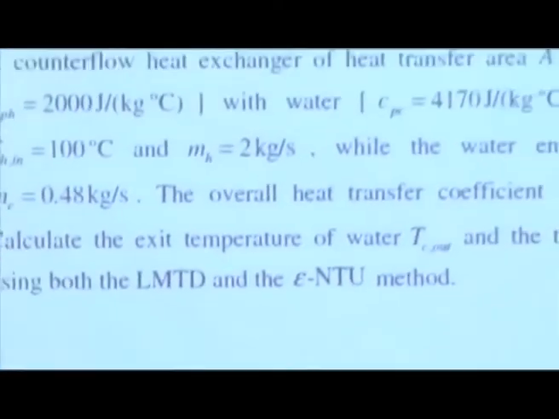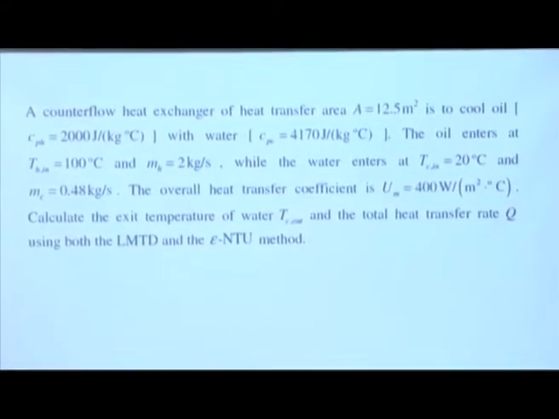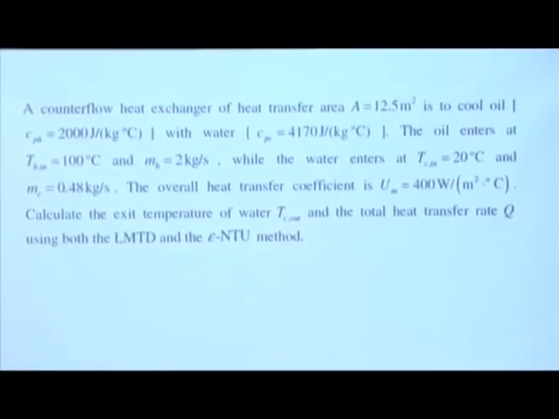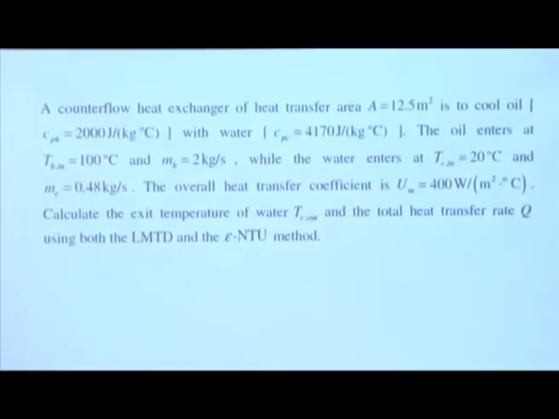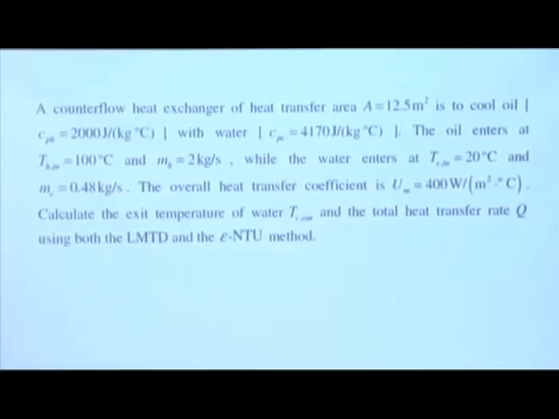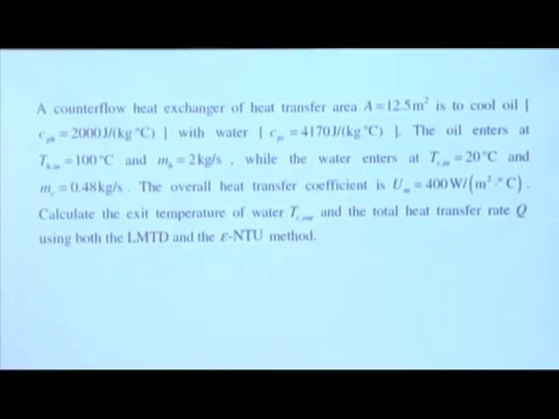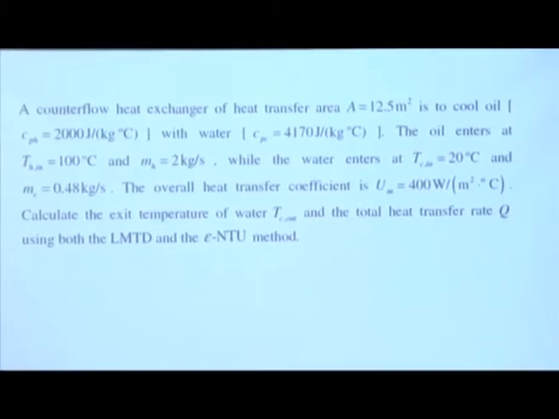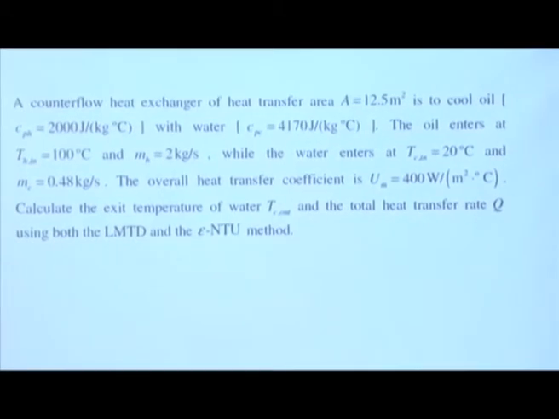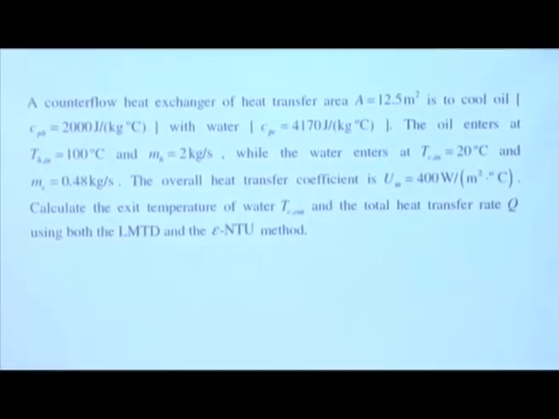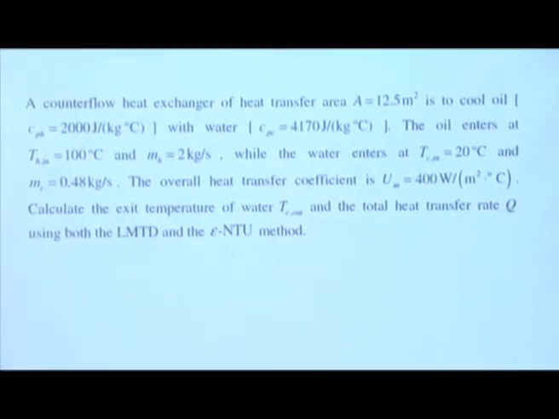Now the first example is a counterflow heat exchanger of heat transfer area 12.5 meter square. Immediately it should strike that it is not a sizing problem, that means size is given, that means a rating problem. It is used to cool oil whose specific heat is 2 kilojoule per kg degree Celsius, 2000 joule. It's taken from a book, they have not written in terms of kilojoule, with water whose specific heat is 4.17 kilojoule per kg degree Celsius.